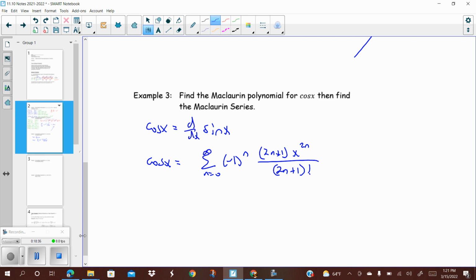So the 2n plus 1 on the top and the bottom cancel out, leaving you with just a 2n factorial in the denominator, which actually makes this a little bit easier to recognize because what you should notice now is that you've got x to the 2n over 2n factorial. So the power and the factorial in the denominator indeed match in this case. Okay, and that will give you all the polynomial terms for cosine of x.